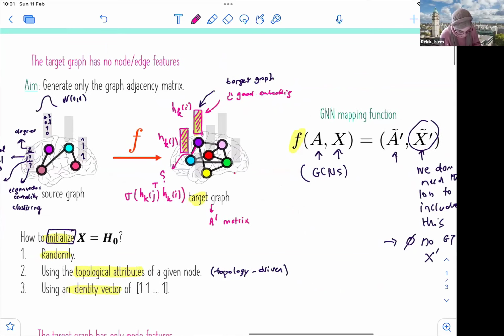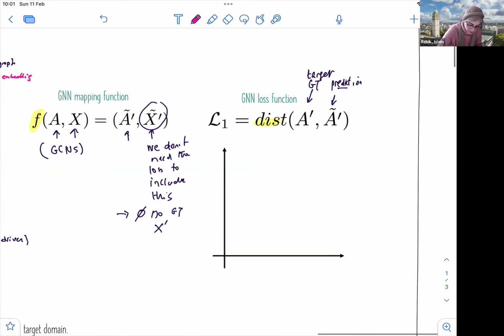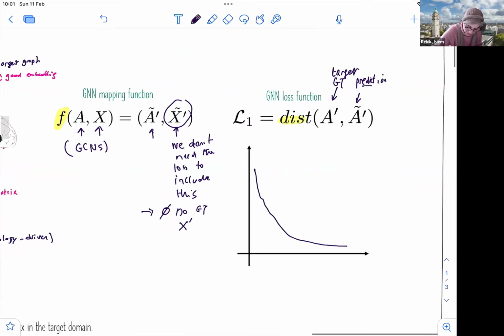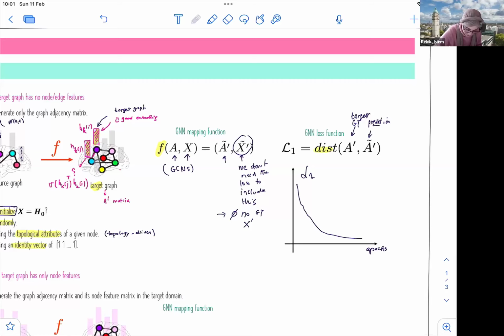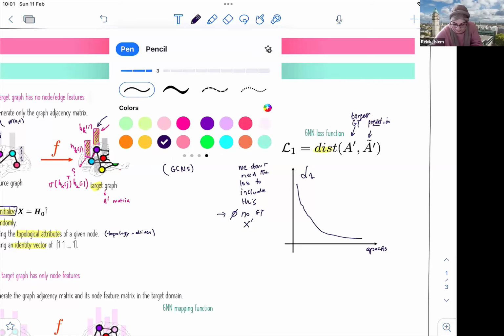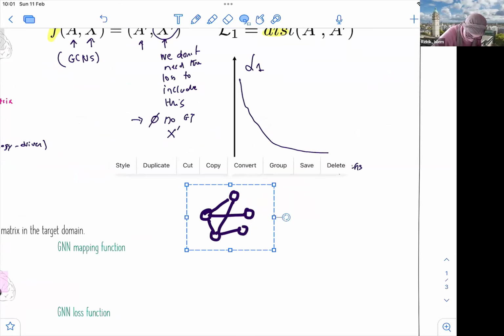Now here in the loss function, we're optimizing the loss. As we optimize the loss, you predict the graph better. So you have the number of epochs here, and you're training your loss L1. And if we have, for example, a graph like this, so let's say this is the target graph, and this is, for example, the ground truth graph duplicate.